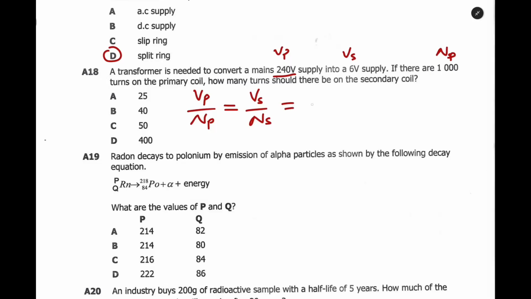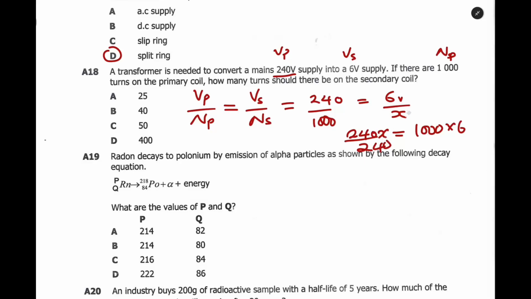So now let us replace. Voltage on the primary is 240. Voltage on the secondary is 6 volts. Then what are number of turns on the primary? 1000. Here we do not know. So we cross multiply. We are going to have 240x is equal to 1000 multiplied by 6. Divide by 240.